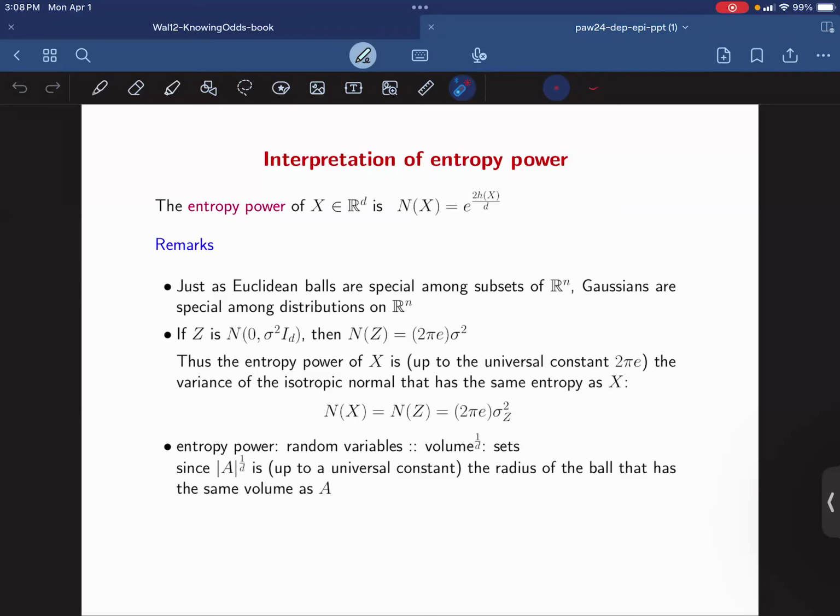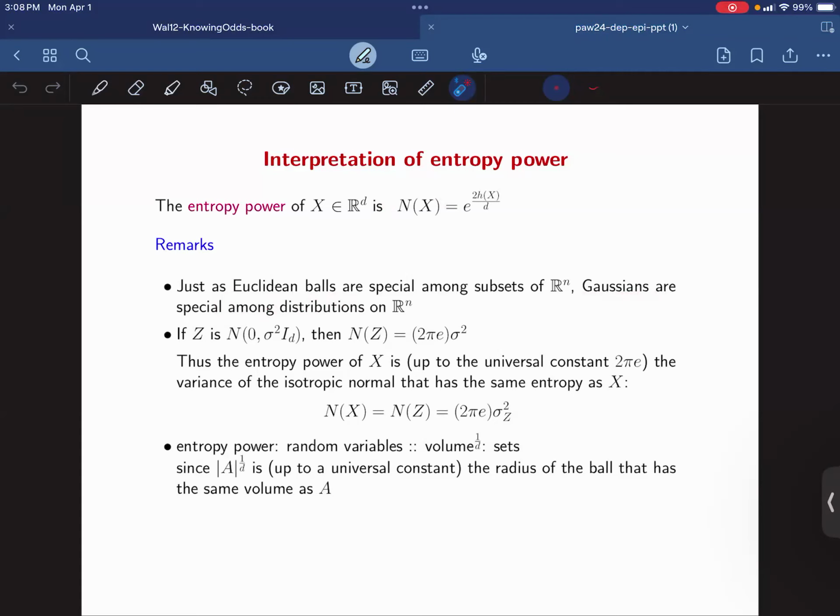Similarly, it turns out there are lots of analogies between this geometric picture and the probabilistic picture. In the probability world, the analog of the Euclidean ball, which is the isoperimetric minimizer in Euclidean space, is the Gaussian distribution.